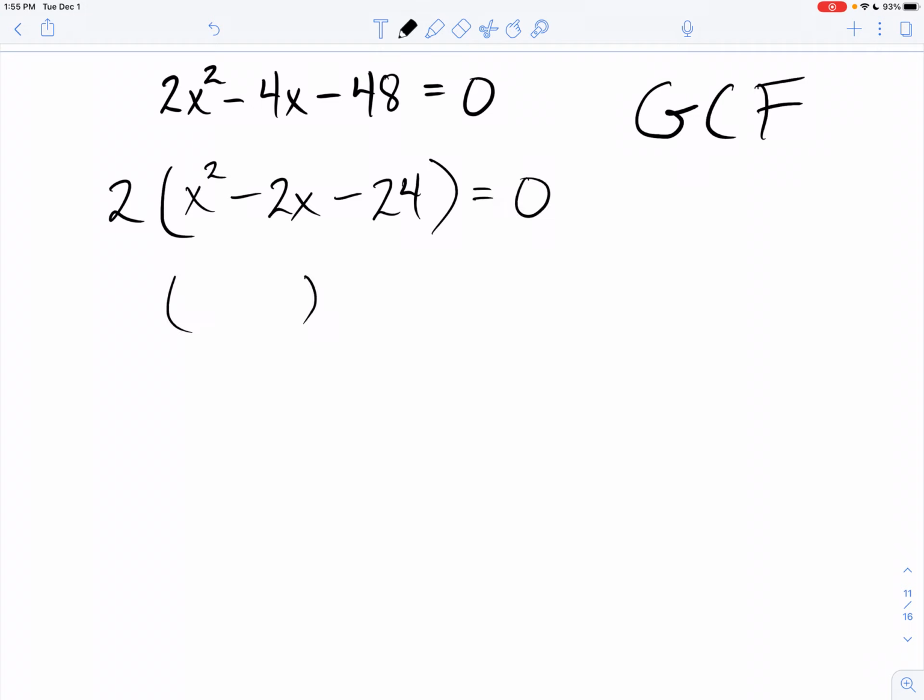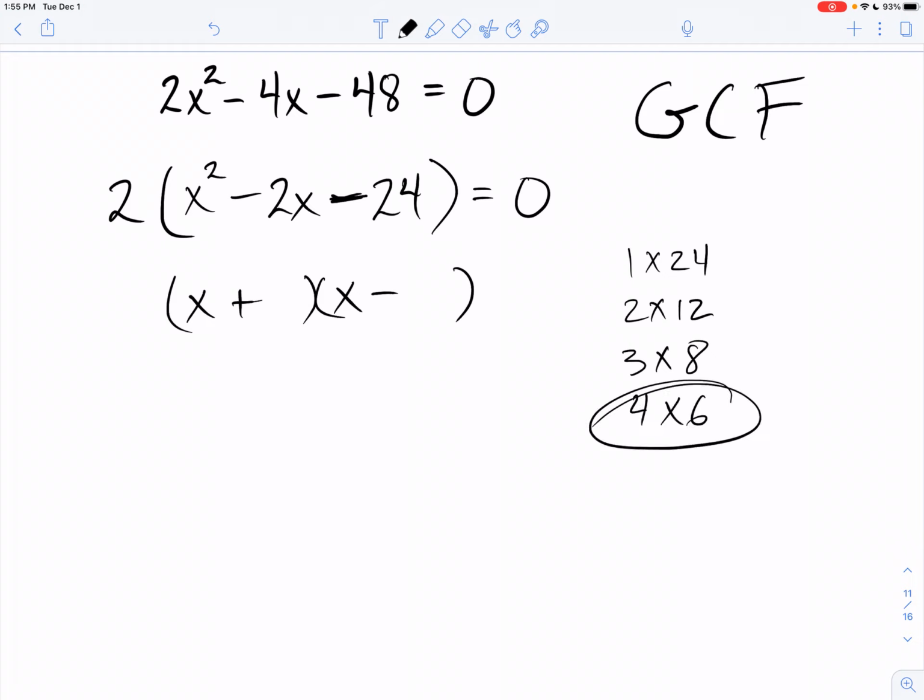Hey, let's bustify. Let's make this thing break up. I need an x times an x. I need a negative 24, so I need these to be opposites. And 24 is a jerk because it's a lot of stuff. 1 times 24, 2 times 12, 3 times 8. But here's the guy I want, 4 times 6.